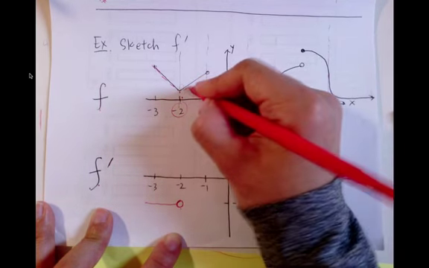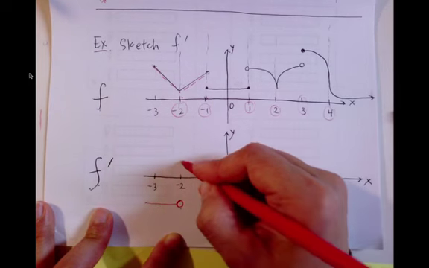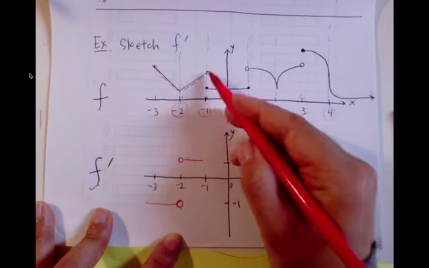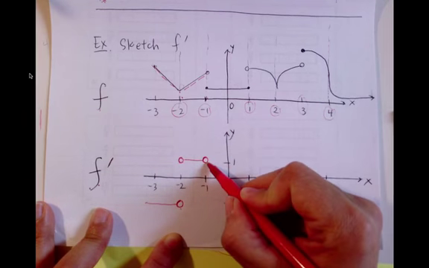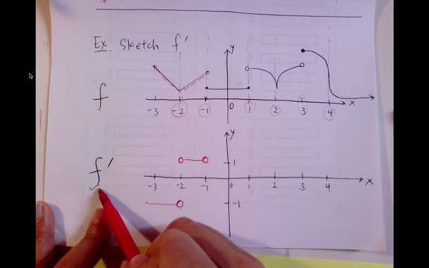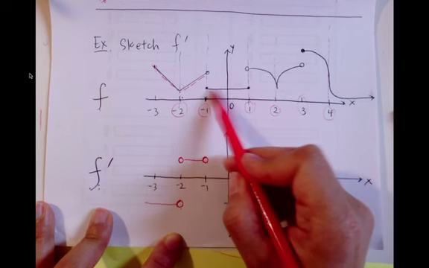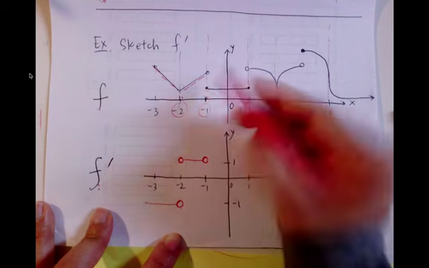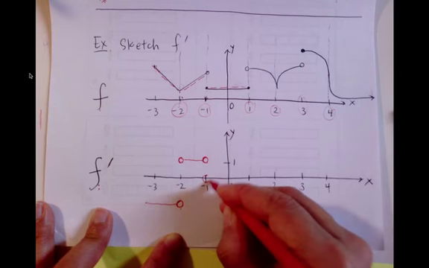So if I were to draw the tangent lines, their slopes would be 1. So I have my circle at -2. At -1, I have a discontinuity, so I'm going to have an open circle there because the derivative is not defined at a discontinuity. But it appears here that the slope of the tangent lines is 0, because it's just a horizontal line segment.